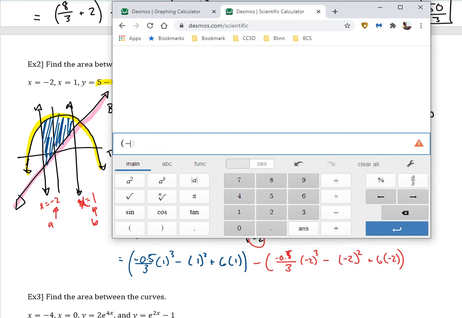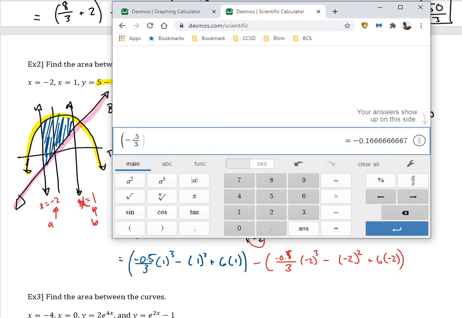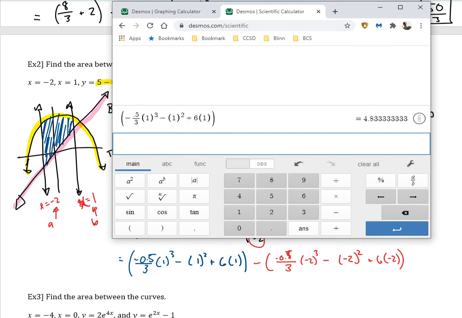So negative 0.5 divided by 3, and then in parentheses 1 cubed, minus 1 squared, plus 6 times 1. I type that in identically, double check, and press enter to see the answer. Let's make it a fraction. So 29/6 is the blue portion.